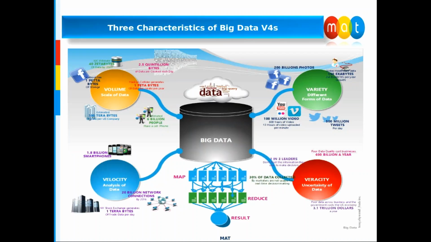The first characteristic is the volume of the data, the scale of the data. So when you have a huge amount of data getting generated with very high velocity, in nanoseconds, in different varieties, multiple formats of data that are difficult to understand, right?